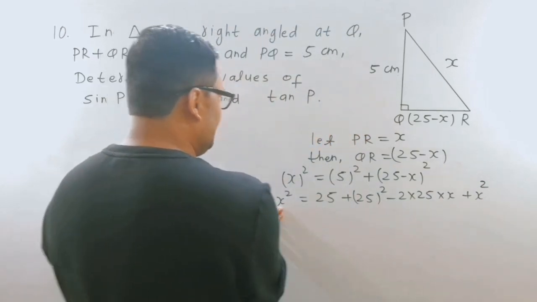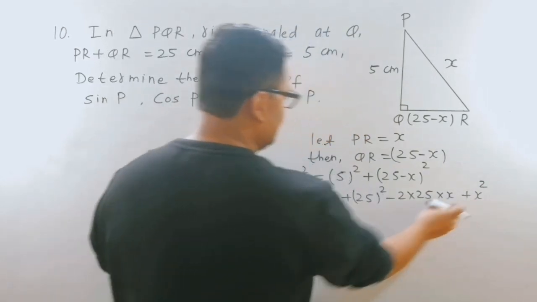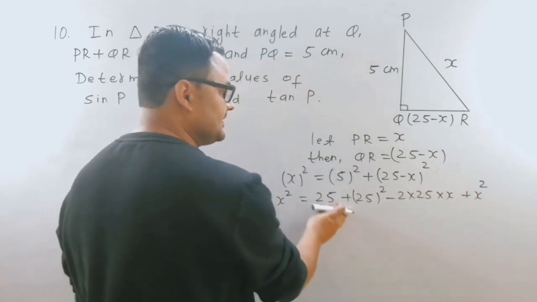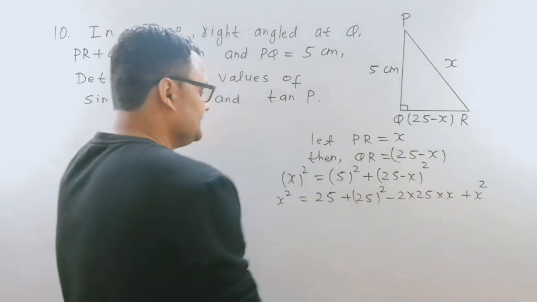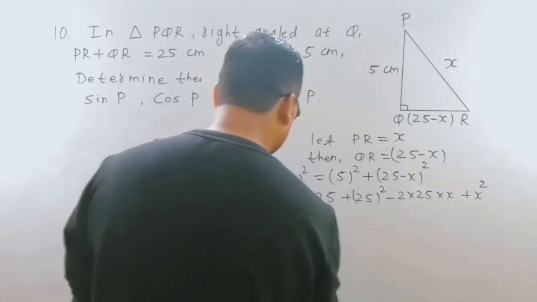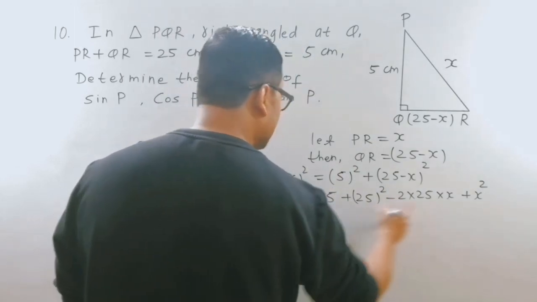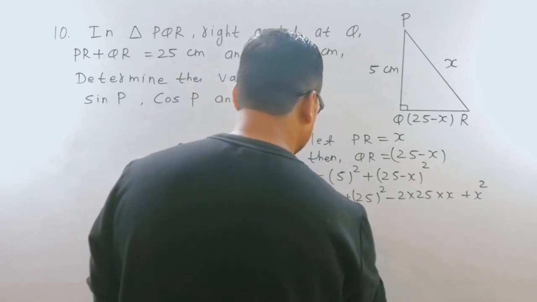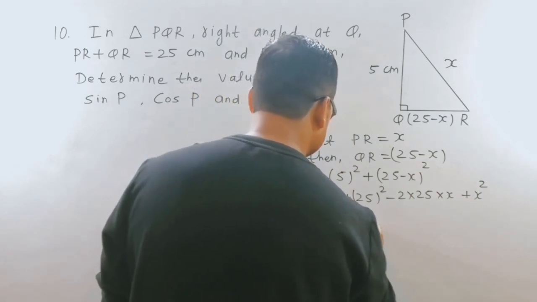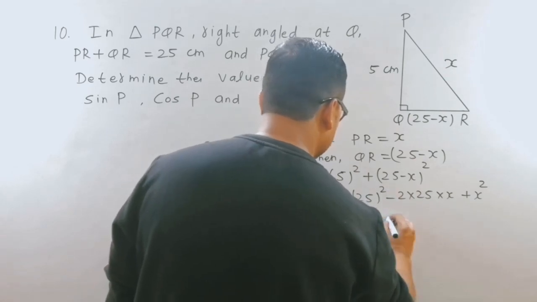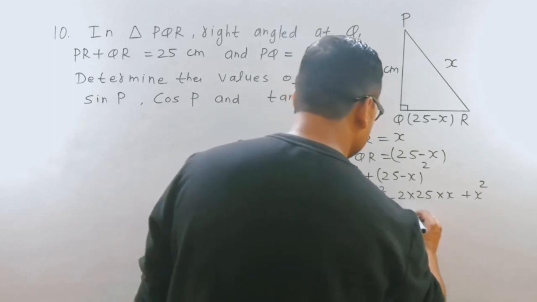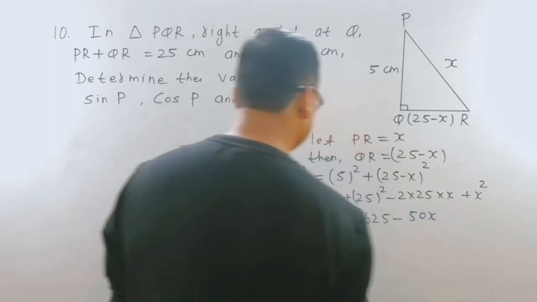Now x square on the LHS, x square on the RHS. So if x square will come this side, so x square minus x square, that will be 0. Now what is remaining? Now let me simplify. Minus x square equal 25 plus 25 square is 625 and minus 25 into 2, 50x.